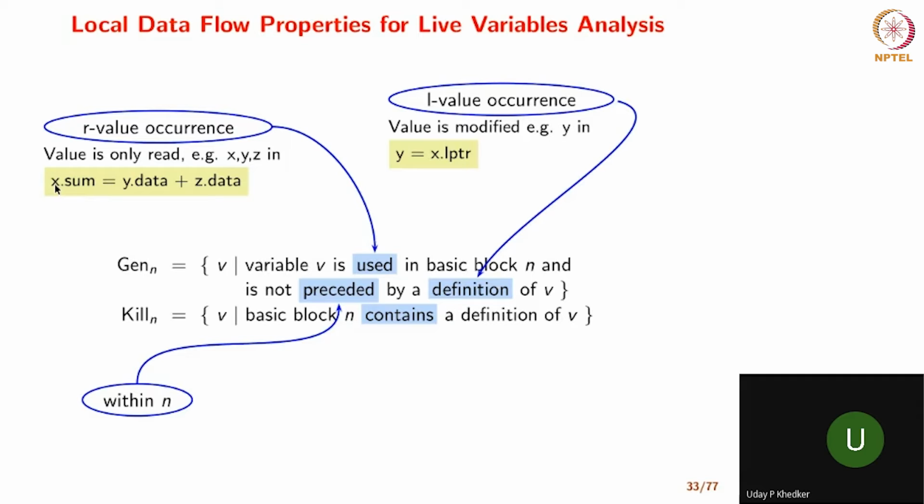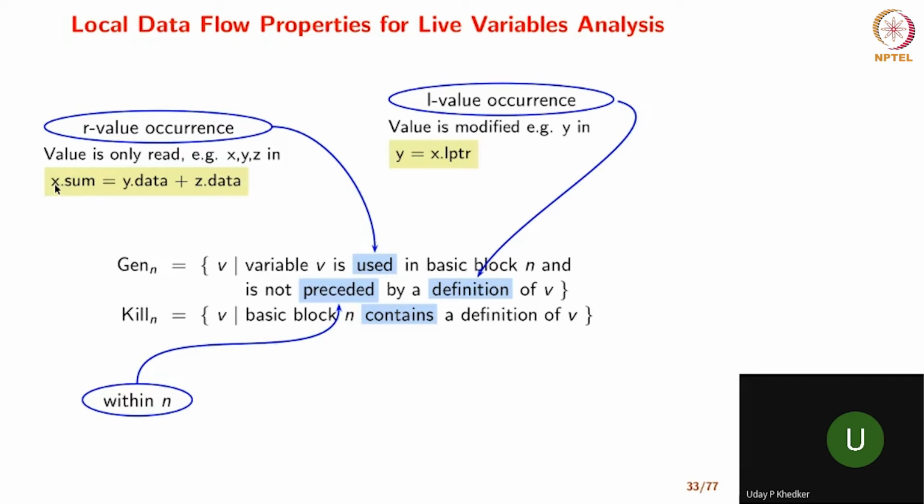We are not worried about what happens outside of the basic block when we compute gen and kill. That's because we don't know yet what's happening outside of the basic block. But within a basic block, because of the property of strictly sequential control flow, we can look at the statements one after the other.